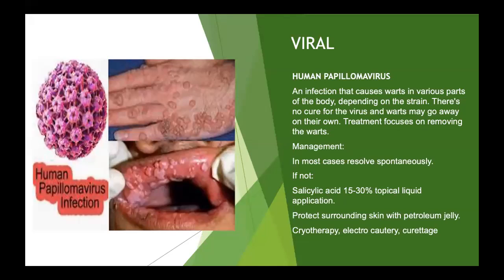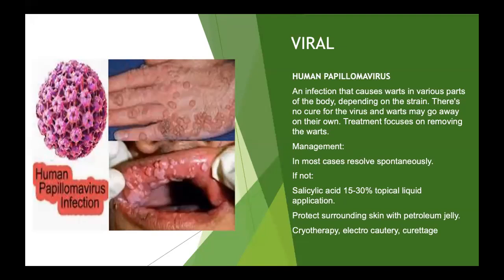HPV. So it's an infection that causes warts in various parts of the body, depending on the strain. There's no cure for the virus, and the warts may go away on their own. So treatment focuses on removing the warts. The management would be, in most cases, they resolve on their own, like we've said before, but if not, we use salicylic acid, 15 to 30% topical liquid application.